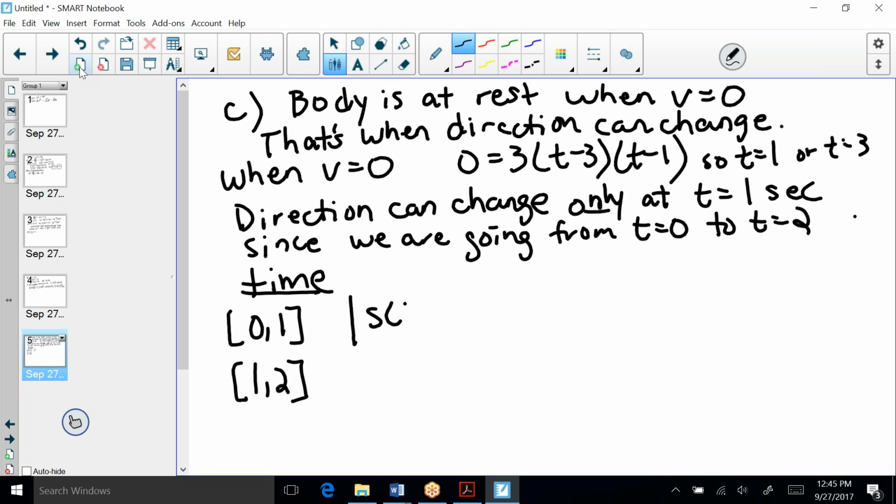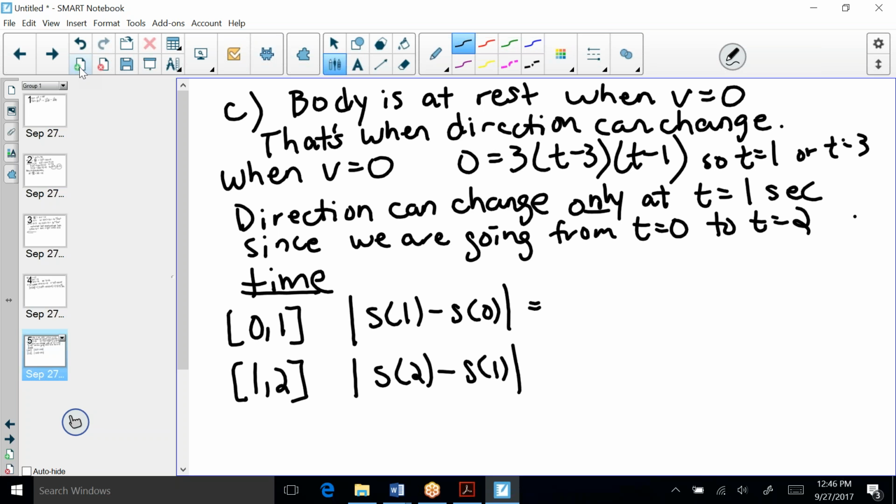So this is going to be S of 1 minus S of 0. It's the position at 1 second minus the position at 0 seconds. And the same thing for the second interval. We're going to take the position at 2 seconds and subtract the position at 1 second. And that will give us the distance traveled in that interval.